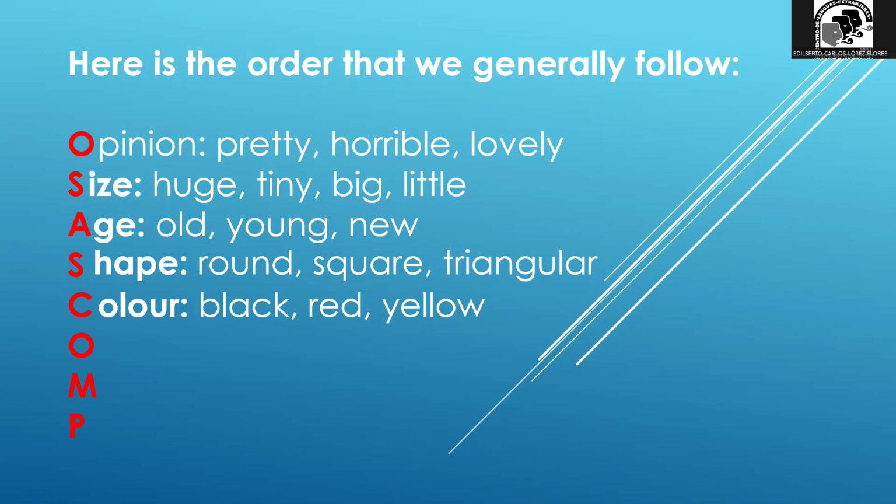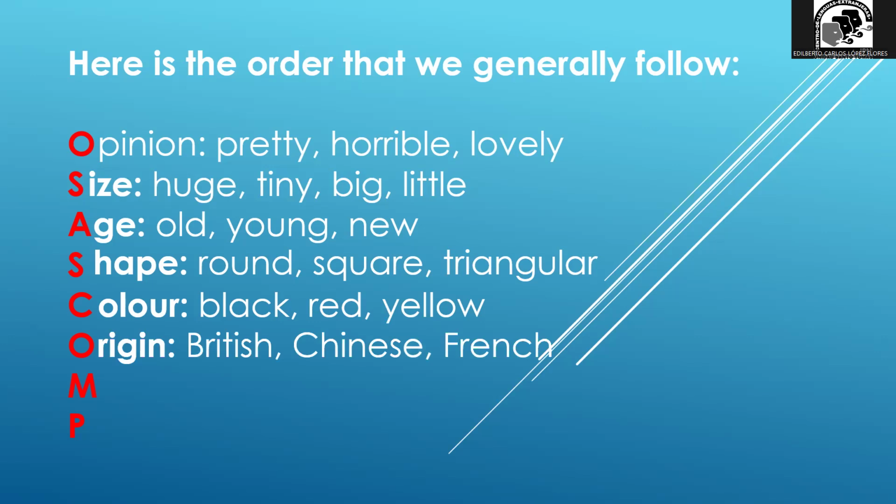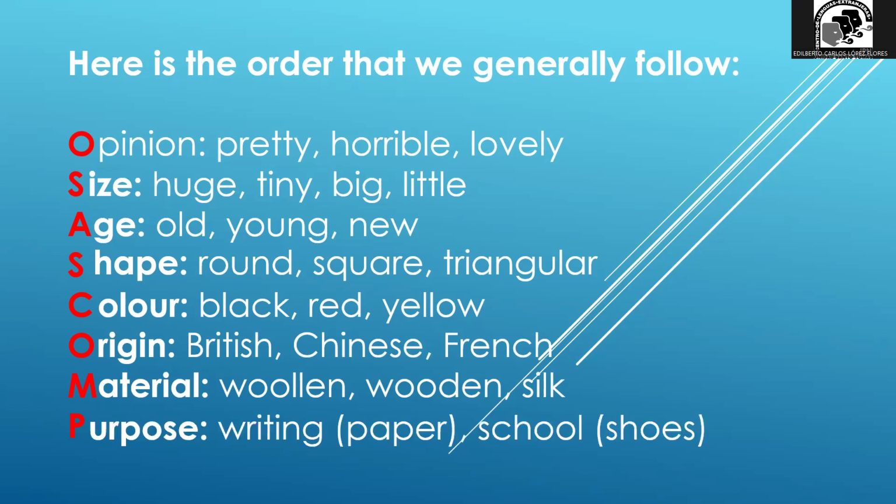Letter C for the color. Black, red, yellow. Next one, O, origin. British, Chinese, French. The next one is the letter M for material. Woolen, wooden, silk. And the last one is the letter P for purpose.